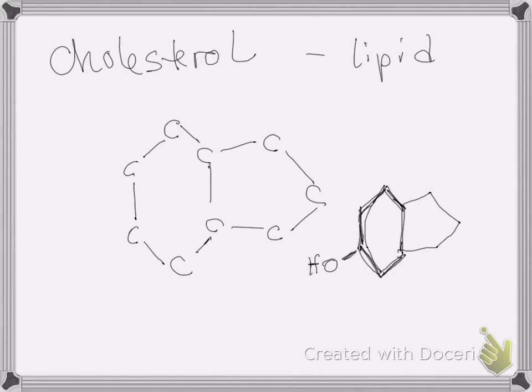Okay so far? Okay. I'm going to use cholesterol as the base for making all my steroids. And you've got a little bit of a laundry list of steroids to learn.